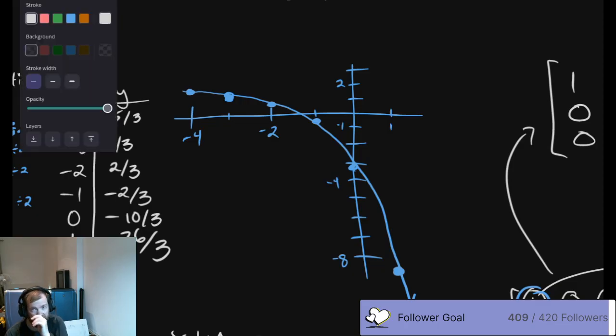Or in fact, you can check distances between points. So what's the distance between, let's say, this one and that one? Well, this is a negative 2/3 for our y value, right? Negative 1 comma negative 2/3.